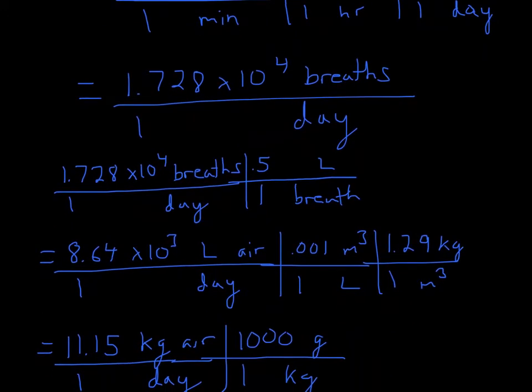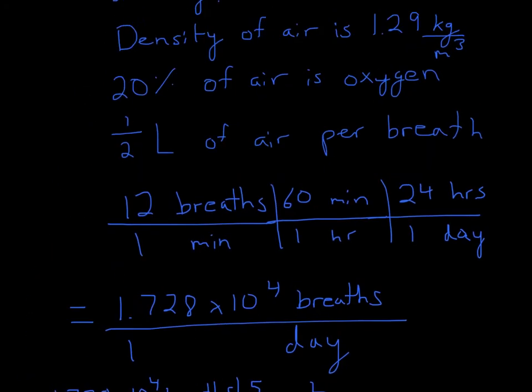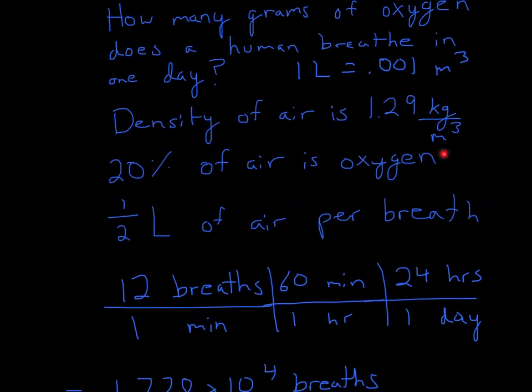Next, I want to cancel out the m cubed because I want to get to kilograms. To get to that, I need a conversion, and it's 1.29 kilograms over m cubed. That conversion came from here, 1.29 kilograms over 1 m cubed.